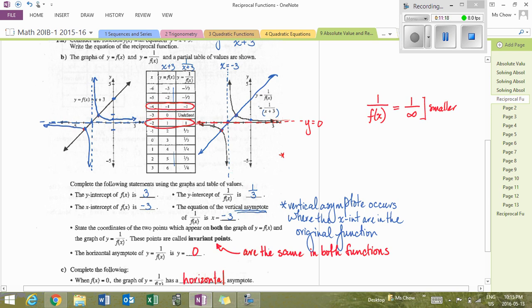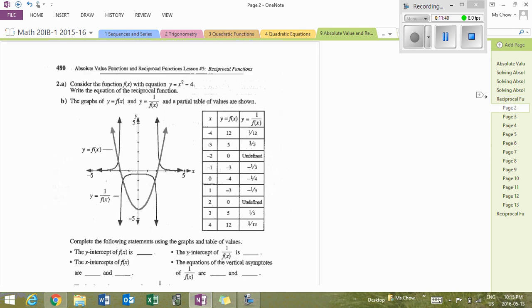So we should be able to work with both. Even if you're just given the graph, you should be able to determine the graph of the reciprocal function, and on the opposite end, if I give you the graph of the reciprocal function, you should be able to draw in the original function. Okay, let's turn the page to page 480.